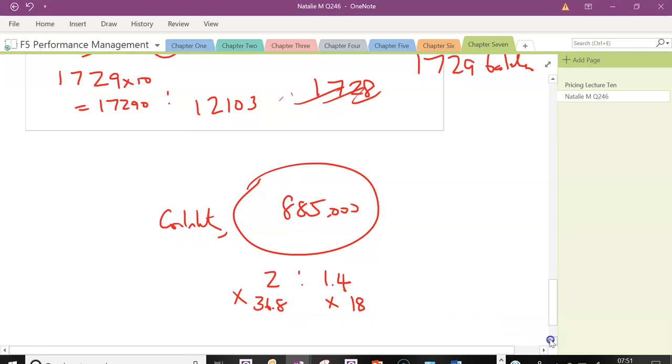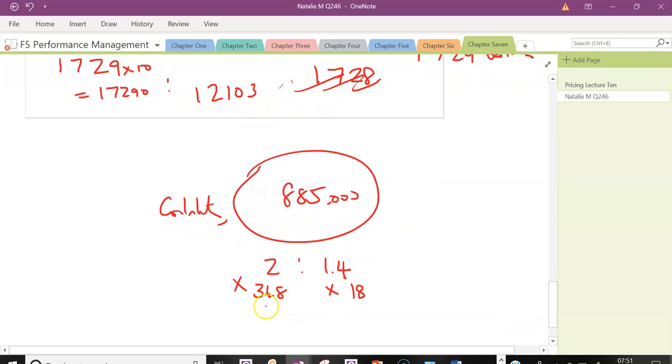So my contribution batch is 36.8 times 2, which is 73.6, and here I have 1.4 times 18, which is 25.2. So I must sell it in this order. I can't sell one first and then sell the other. This is the way I must sell them.